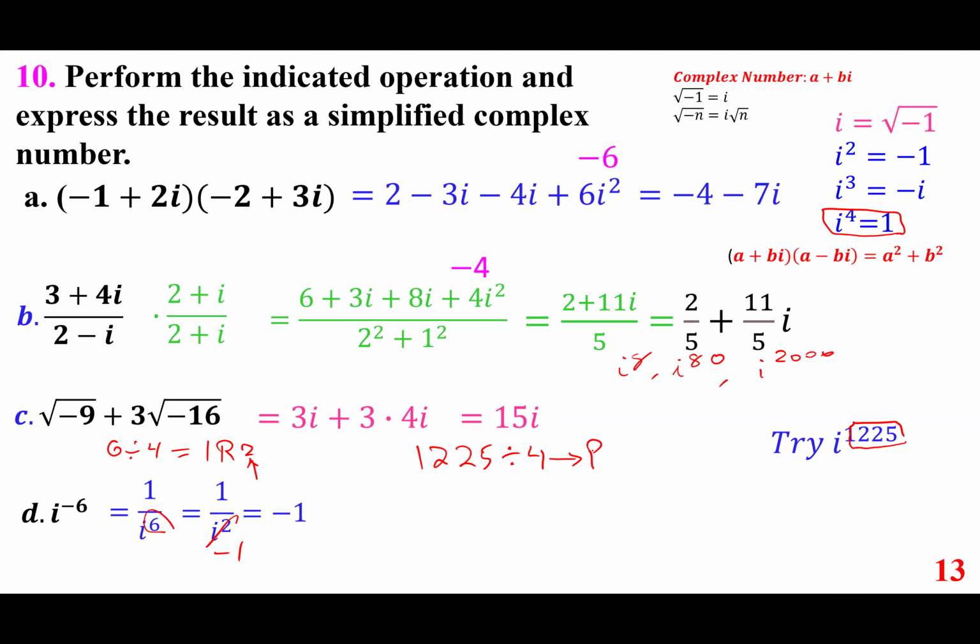We really are interested in the remainder. And by the way, a number is divisible by 4 if the last 2 digits are divisible by 4. For example, 24 is divisible by 4. So I hope you recognize that 25 is not, and the remainder is 1. So it's i to the power of 1, or i. Okay, it's really simple.